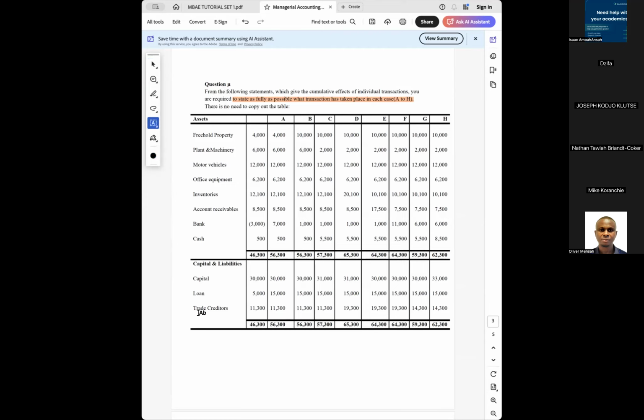We noted from our previous engagement that assets should be equal to capital plus liability. That's what we've agreed on all this while.